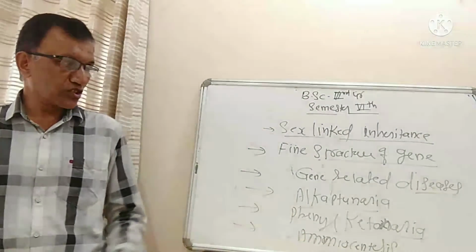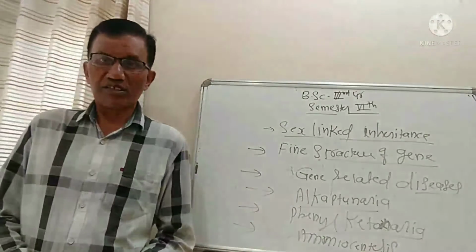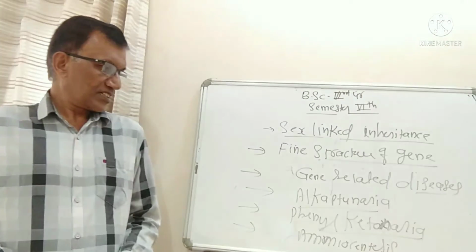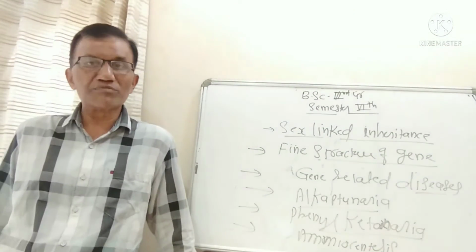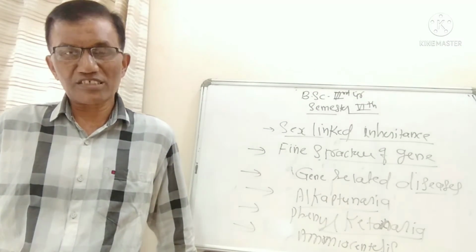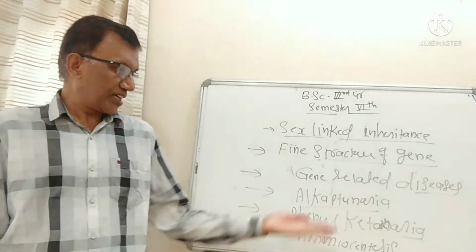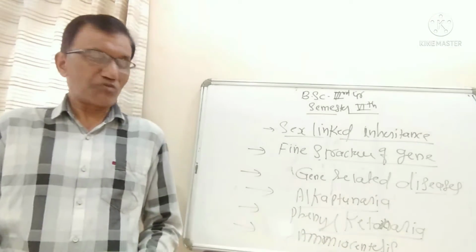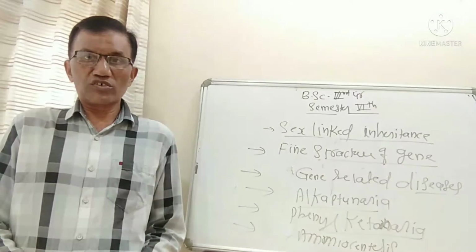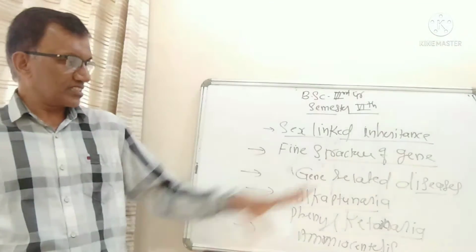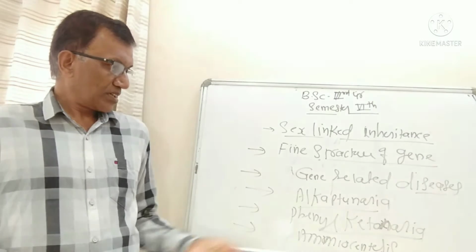Similarly, phenylketonuria is also a genetic disorder, and it shows certain specific symptoms. On the basis of symptoms, we can identify whether that person is suffering from alkaptonuria or phenylketonuria. These things are in this chapter.